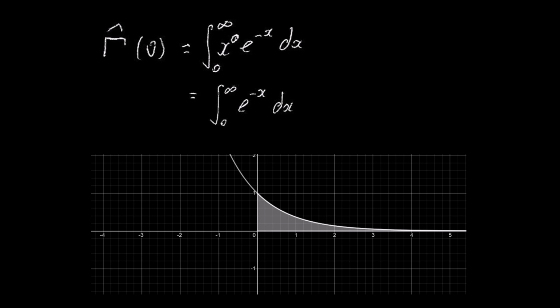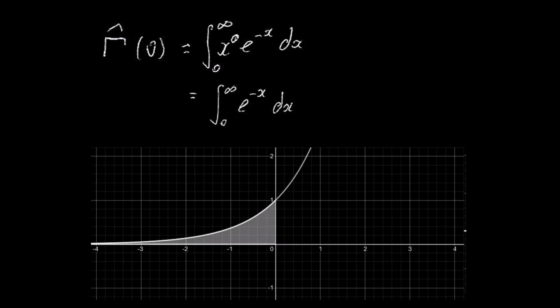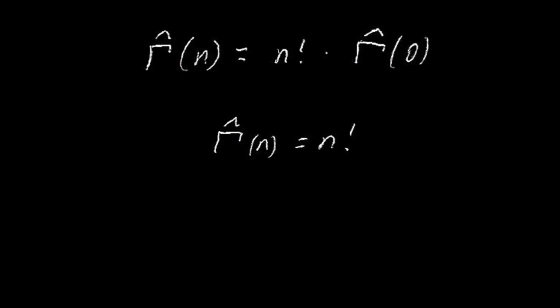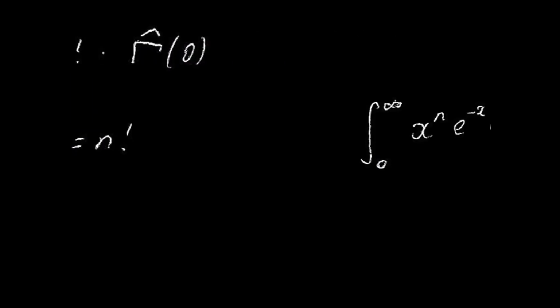This area is the same as finding this area, which is the area under e to the minus x, and one of the defining properties of the function e to the x is that the height at some point is the area underneath that point. So this is just going to be 1. So we get gamma hat of n equals n factorial times gamma hat of 0, where gamma hat of 0 is 1, so gamma hat of n is just n factorial.